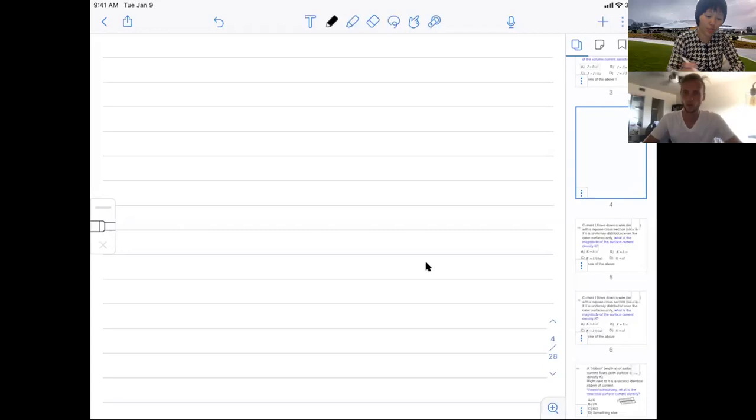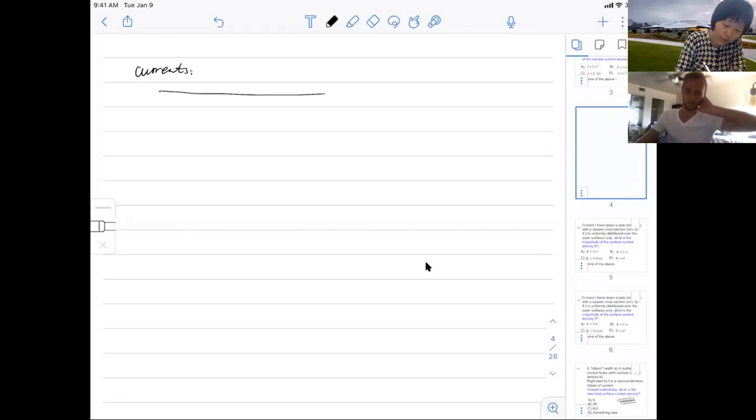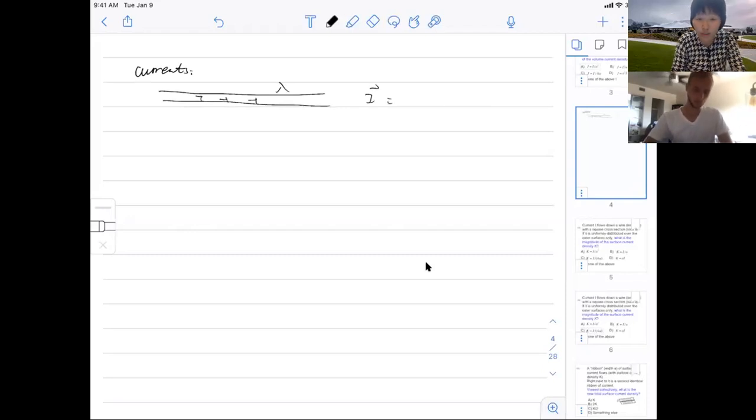And we also derived the relationship. We start with a line current, with lambda, and we derived I, with a direction that is the direction the positive charge is moving, as N times Q times V.